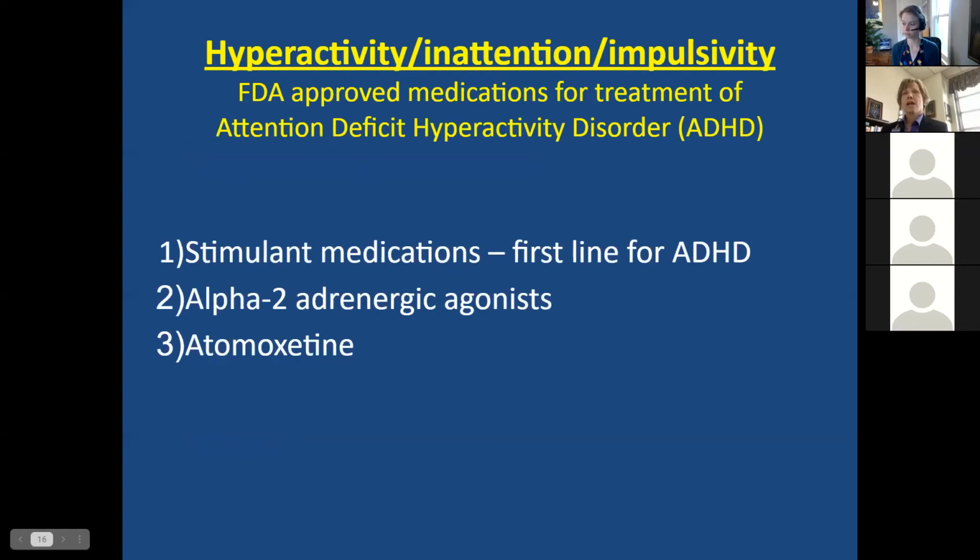So for the ADHD type symptoms, we have multiple medications now FDA approved for the treatment of ADHD. And just like Dr. Hastings mentioned, these treatments can be very effective for an autistic individual. I am focusing on this because most of the literature and the evidence is for children in this area, especially with the treatment of ADHD.